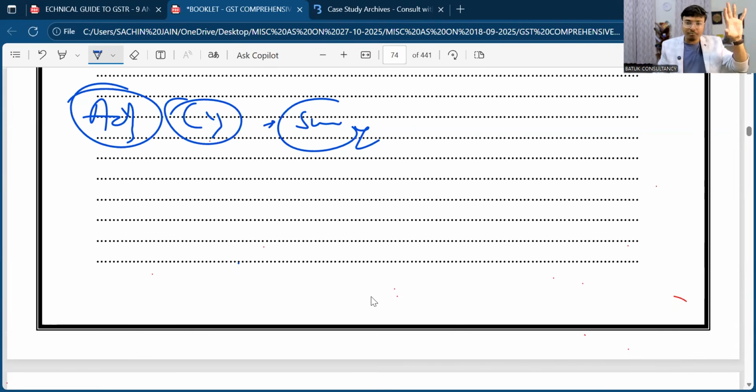Sir, the basic discussion from the perspective of various things, is it clear in your mind or not? Just create an image in your brain that these are the things and try to create the fields. When you open the GSTR-9 return, you will find the same fields. Nothing changes there.